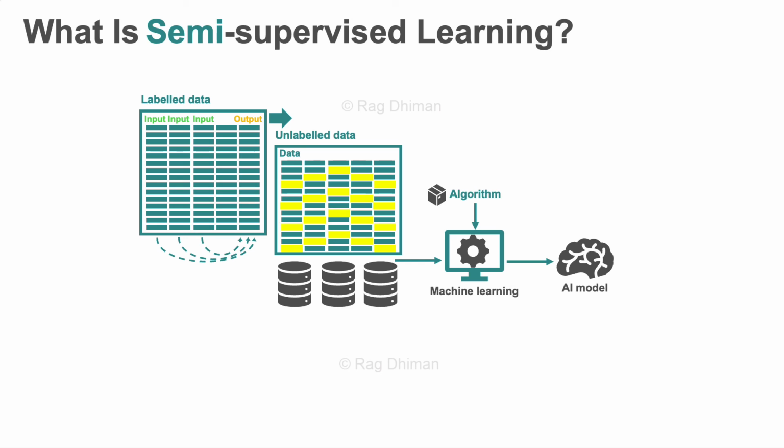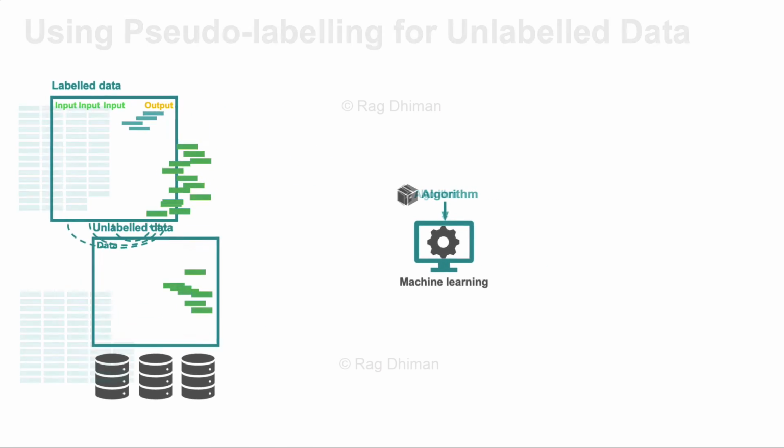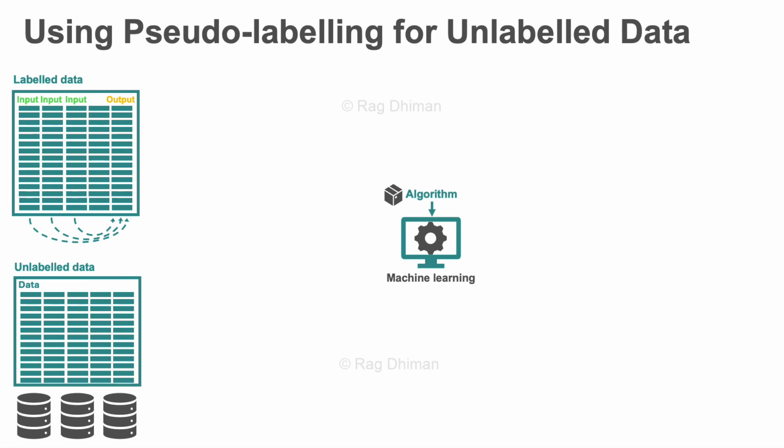Your next question should be, how does this work? How can we use both labeled and unlabeled data to train an AI model that can make accurate predictions? One approach to semi-supervised learning focuses on automatically labeling the unlabeled data without human effort, an approach known as pseudo-labeling under semi-supervised learning.